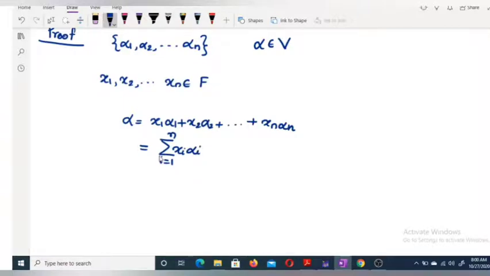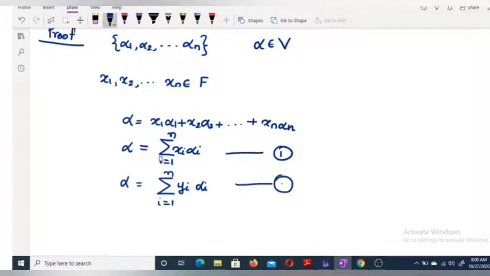Now we want to show this representation is unique. Suppose you can write alpha as this. Mark this as equation 1. Suppose there exists another representation, that is alpha equal to sigma i equal to 1 to n yi alpha i, and this is representation 2.